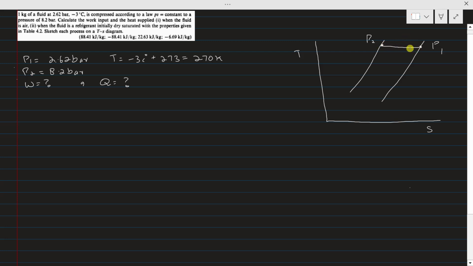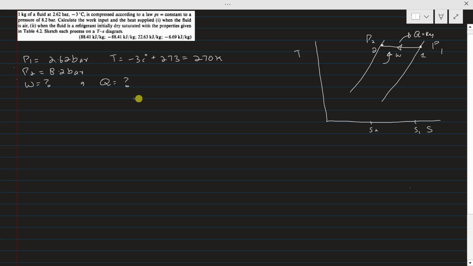In this process compression takes place from process 1 to 2, so it will be obvious that heat rejection takes place, and also the work is done on the system. The entropy at this point is S1 and the entropy at this point is S2.